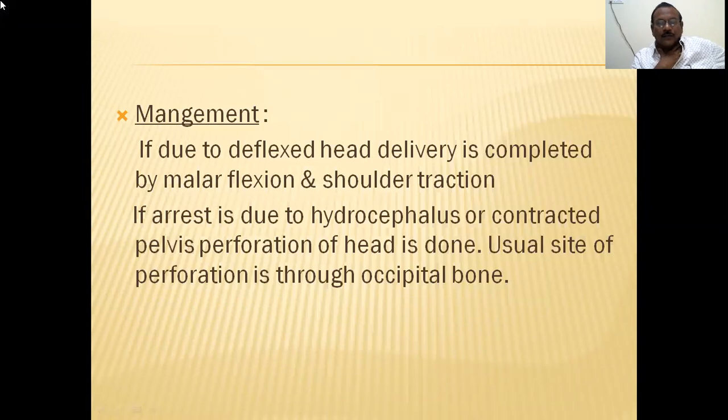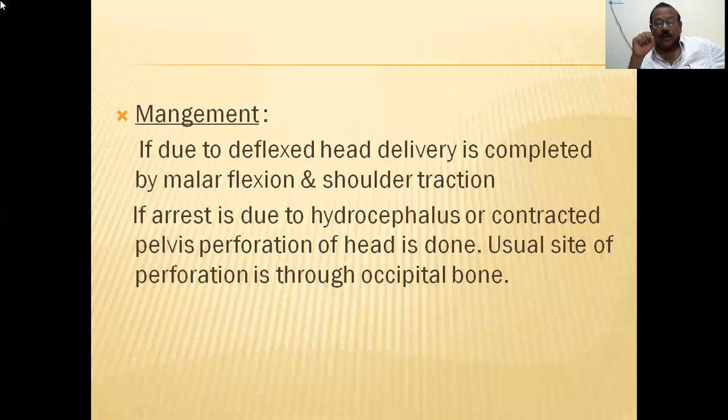In difficulty of the aftercoming head due to hydrocephalus, we have two means to decompress the head. One is you ask the patient to pass urine or catheterize the patient to empty the bladder. Then you put a needle into the head of the fetus per abdomen, then aspirate with the syringe so that the cerebrospinal fluid will be drained into the syringe.